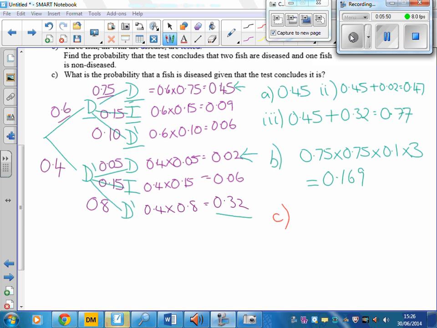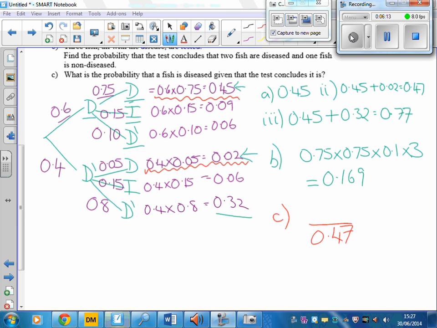Part C. What is the probability that a fish is diseased given that the test concludes that it is? So if the test has concluded that it is diseased, it is this one and this one. So given that it is shown that it's diseased would be 0.47 on the bottom.